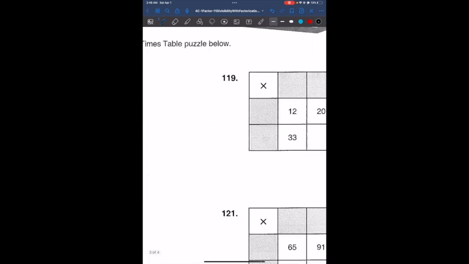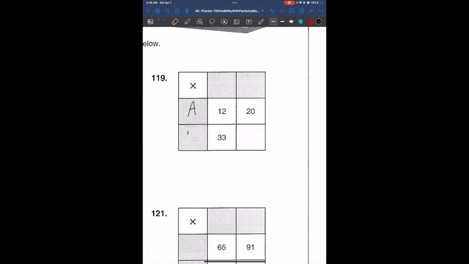For problem 119, we're again going to fill in A, B, C, D, and then do prime factorization of these numbers. So it's going to be 2 times 2 times 3, 2 times 2 times 5, and 3 times 11.